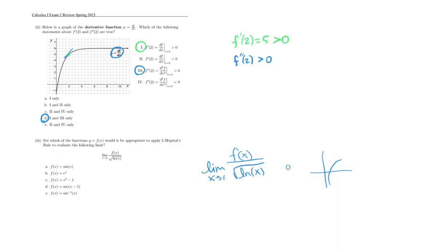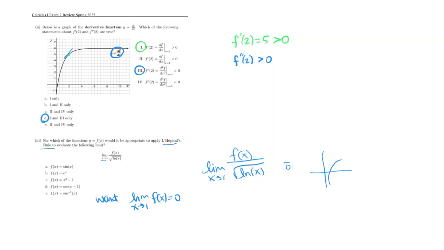So I need a function such that when x goes to 1, I get 0 on the top. Because to apply L'Hopital's rule, I either need 0 over 0 or infinity over infinity. So what I want is the limit as x goes to 1 of f of x to also equal 0, so that I have 0 over 0. So let's pick a function that works.